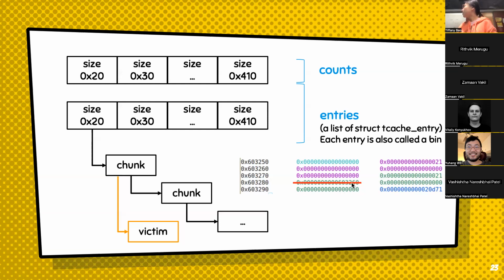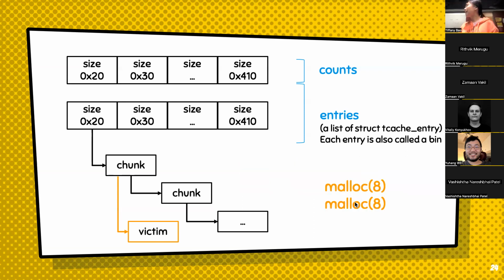So for example, if I change this value to a victim address, then by the time that I call malloc again, I will be able to get this address back.